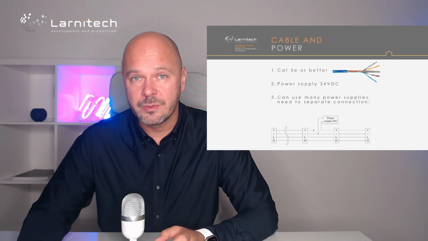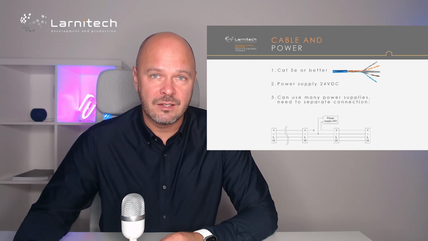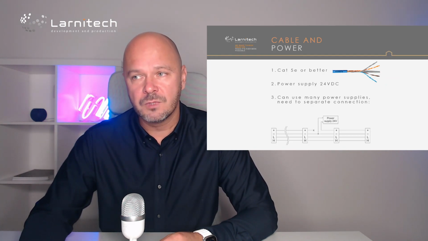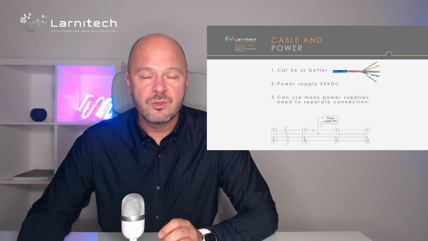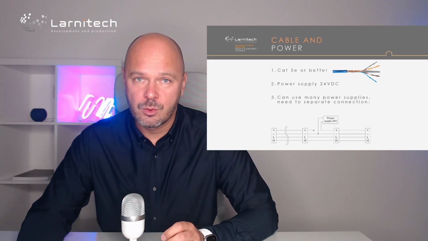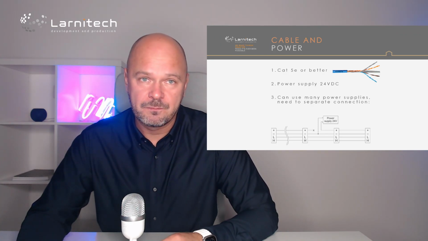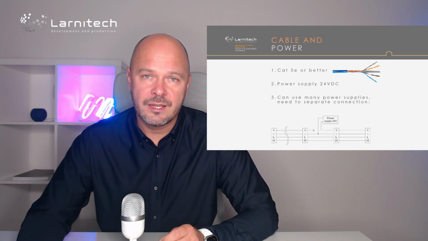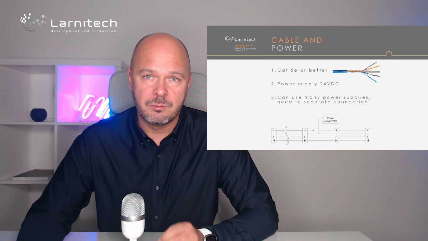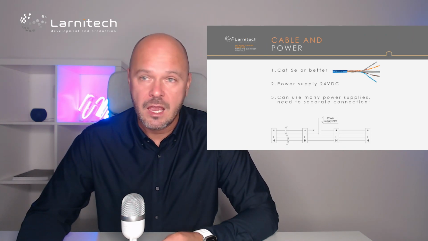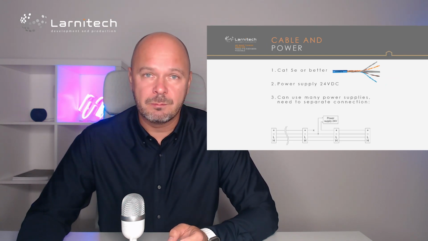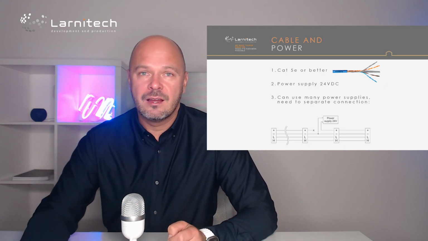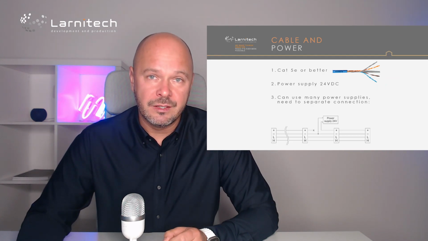These are also twisted pairs, and they can also be used. So not less than Cat5e. And then the power, we use the standard DC power, 24 volts. So you can use any kind of good, reliable power supply for this. We recommend Meanwell, and most frequently we use Meanwell power supplies.